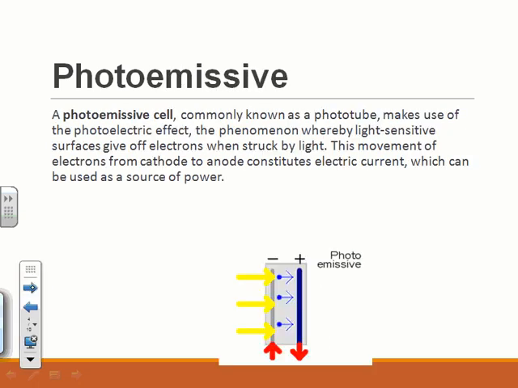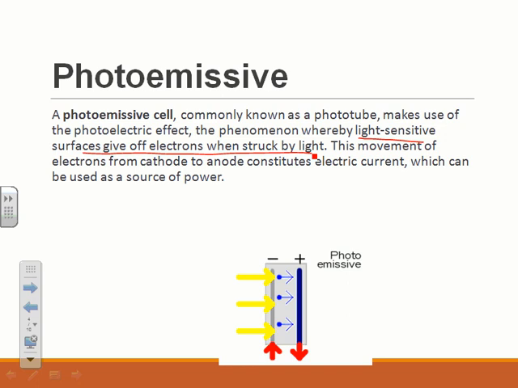And the third one is the photoemissive effect. Photoemissive cells are commonly known as phototubes. They make use of the photoelectric effect, as I said earlier. The phenomenon whereby a light sensitive surface gives off electrons when struck by light is the principle behind the photoemissive cell.